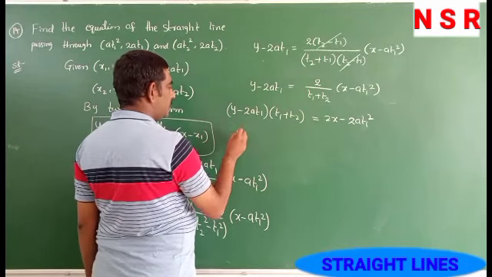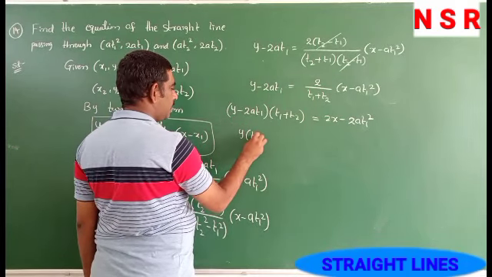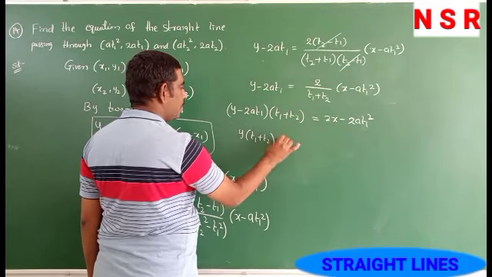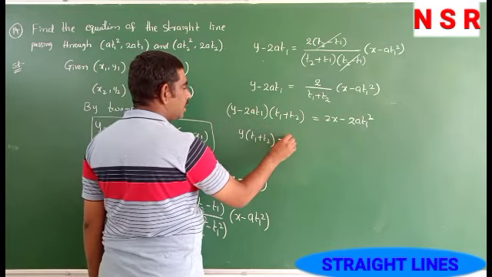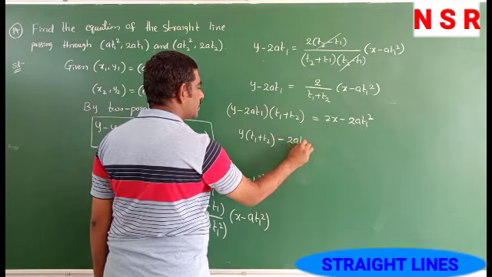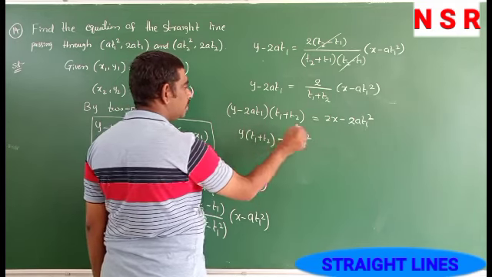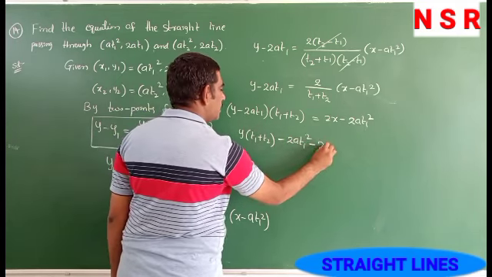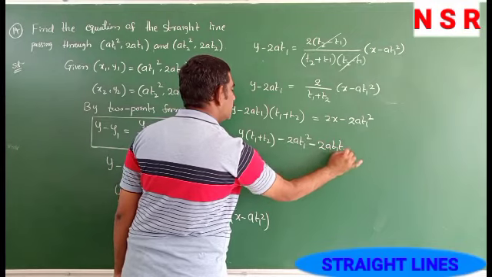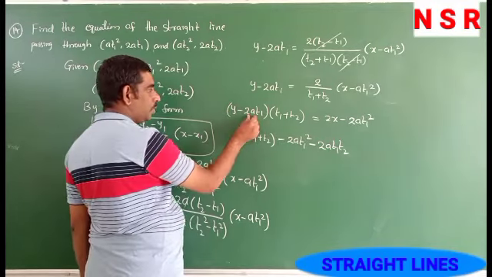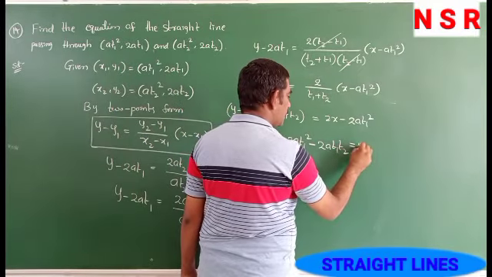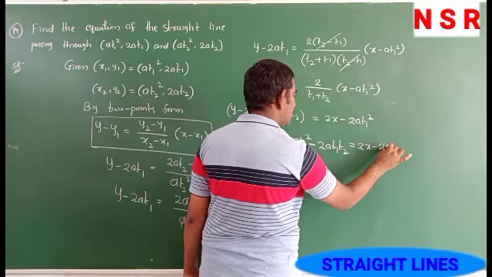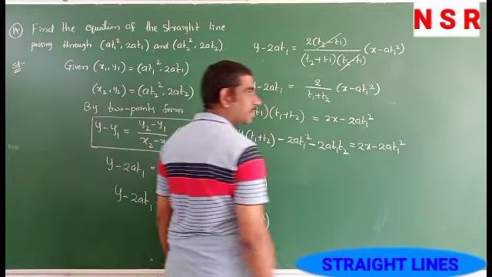Now multiply y into t1 plus t2, minus 2a t1 into t1, 2a t1 square, minus into plus minus 2a t1 t2, equal to 2x minus 2a t1 square.